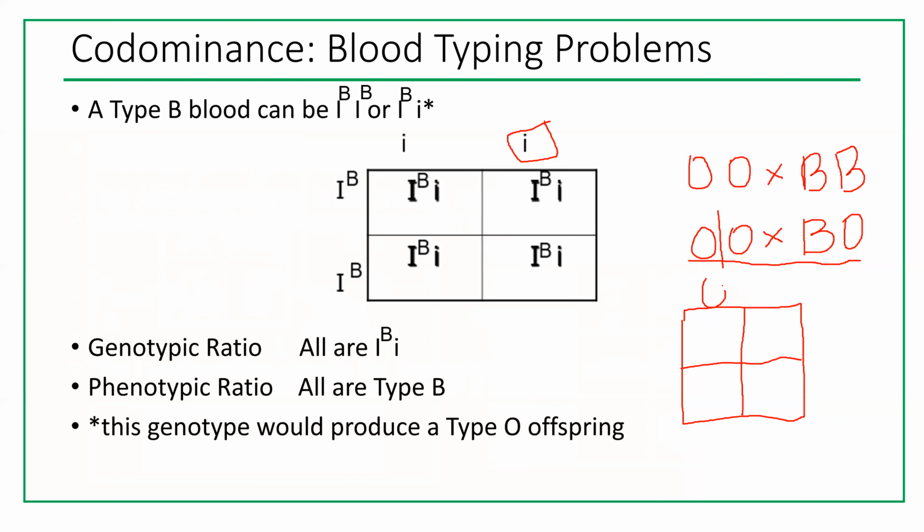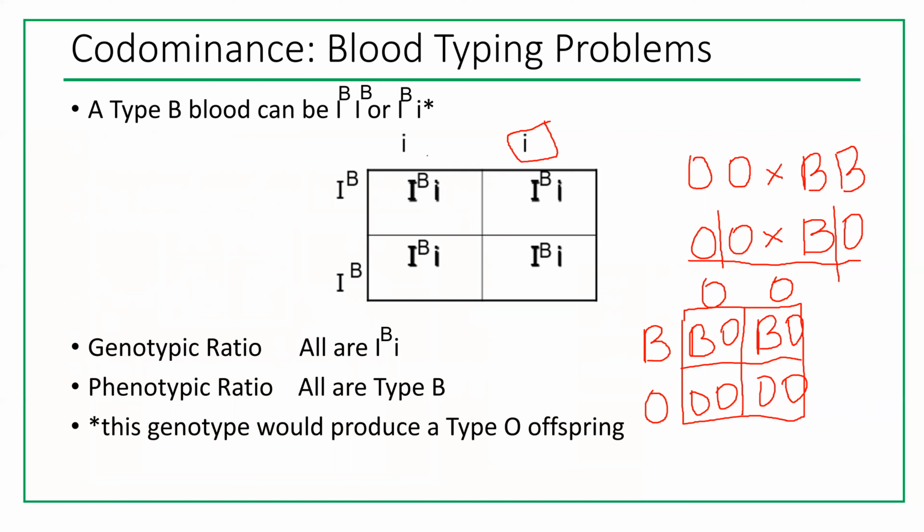So here's O and O, and I need to split this B and O. So here's my B, and this is my O. And here you fill in B, O, B, O, right? And what do I have here? O, O, and O, O.